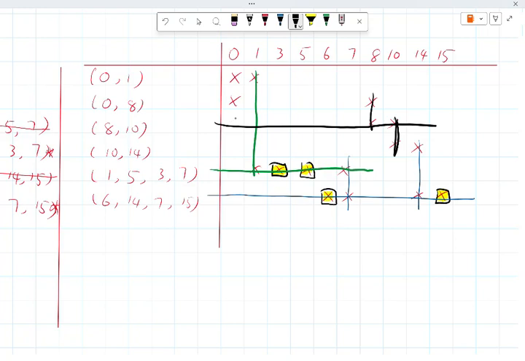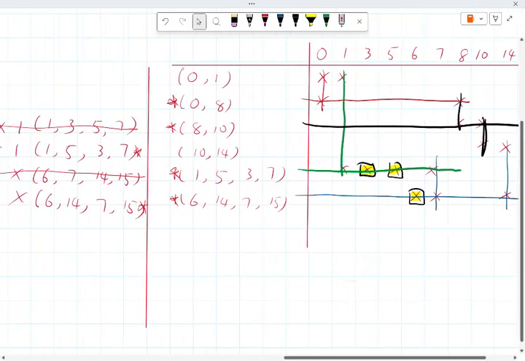Then I just need 1 more. Probably this one. Gonna do this. Or you can do the upper one. That's all good. So we have this row selected, this row selected, this row selected, this row selected. 4 of them.